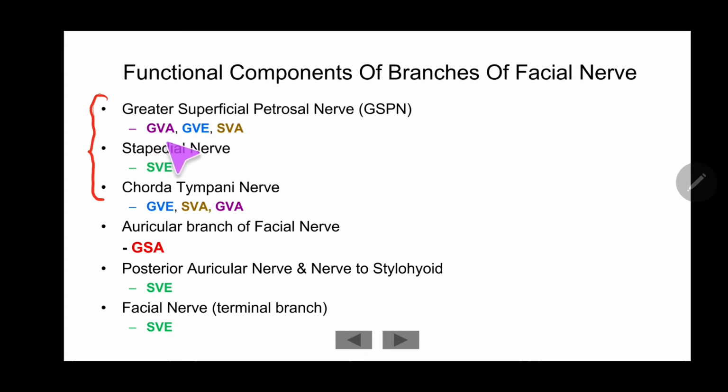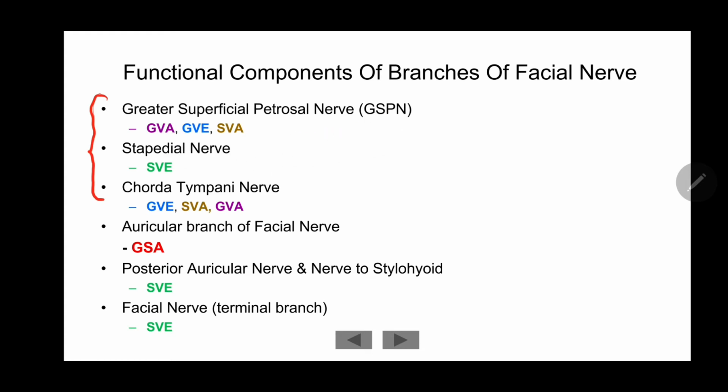General visceral afferent, this will bring sensations of touch, pain, pressure from the soft palate. And general visceral efferent, this will cause parasympathetic secretions from the lacrimal gland and from mucosal glands of the nose and palate. And you have special visceral afferent, this will bring taste sensations from the soft palate and hard palate. So that was about the greater superficial petrosal nerve.